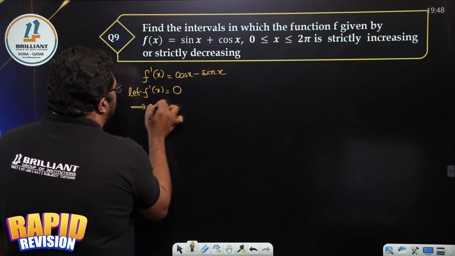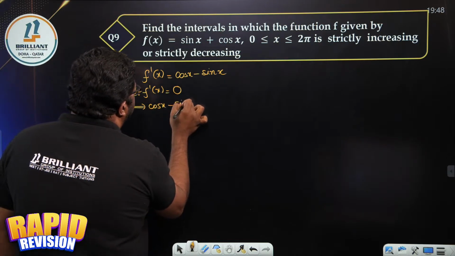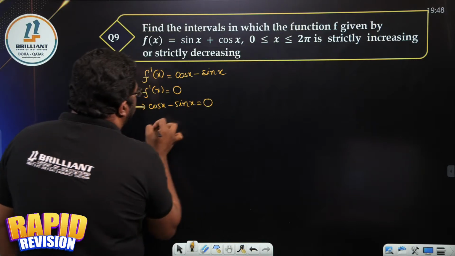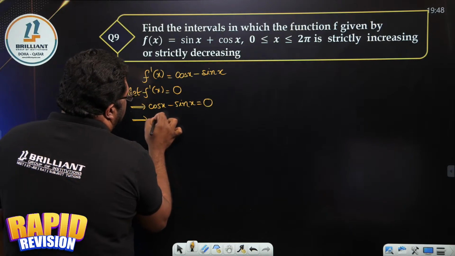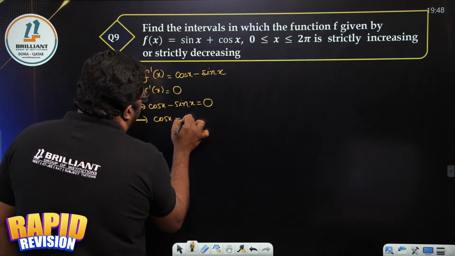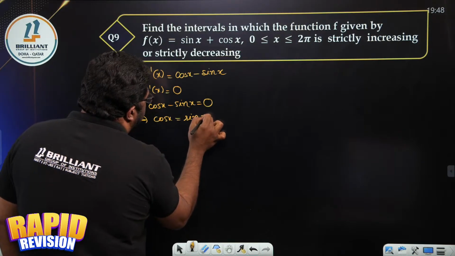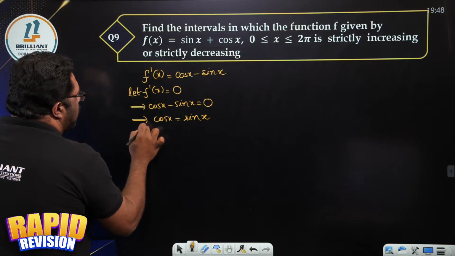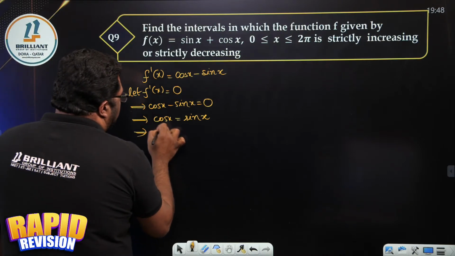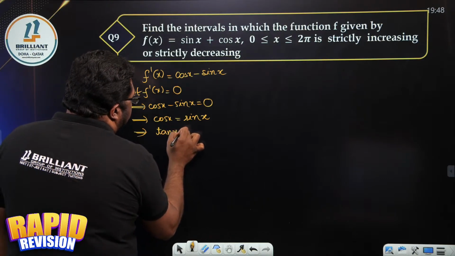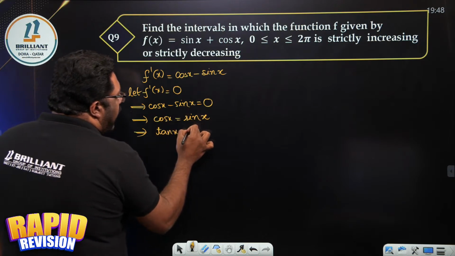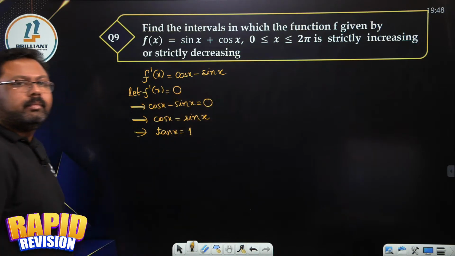That implies cos x minus sin x equal to 0. That is cos x equal to sin x. That implies tan x, sin by cos, tan x is 1.